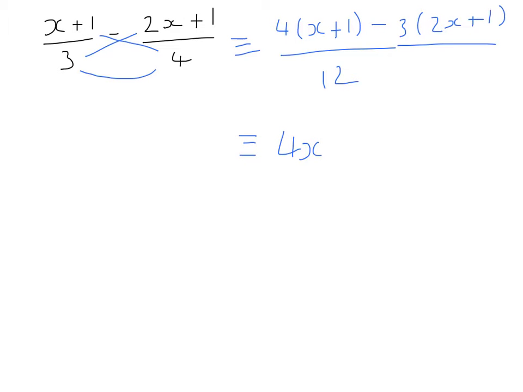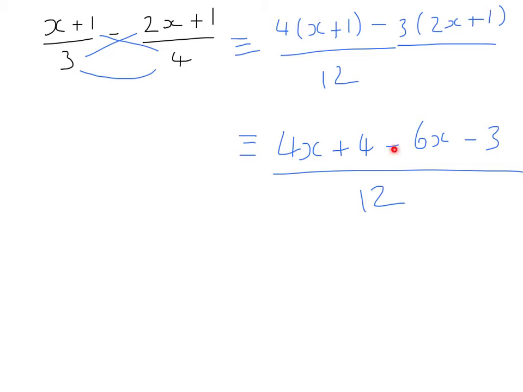That gives us 4x plus 4 minus 6x minus 3. Remember, this is negative 3 multiplied by positive 1 gives negative 3, all over 12.